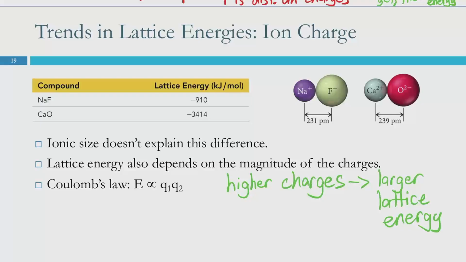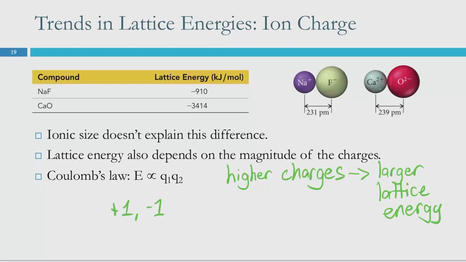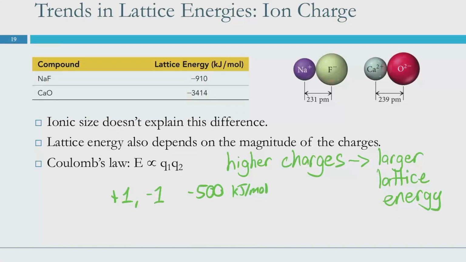So if we have +1, -1, let's say that that's negative 500 kilojoules per mole. If we bring them a little bit closer together, that number is going to go more negative. But if we change it to +2, -1, it would be like negative 1,000 kilojoules per mole. So if we double one of the charges, we double the energy. Approximately, the radius will probably change a little bit.